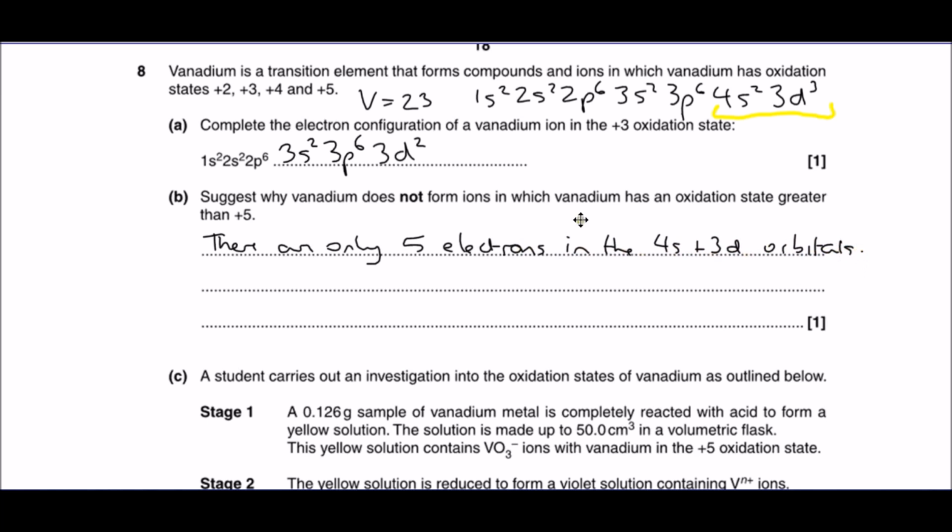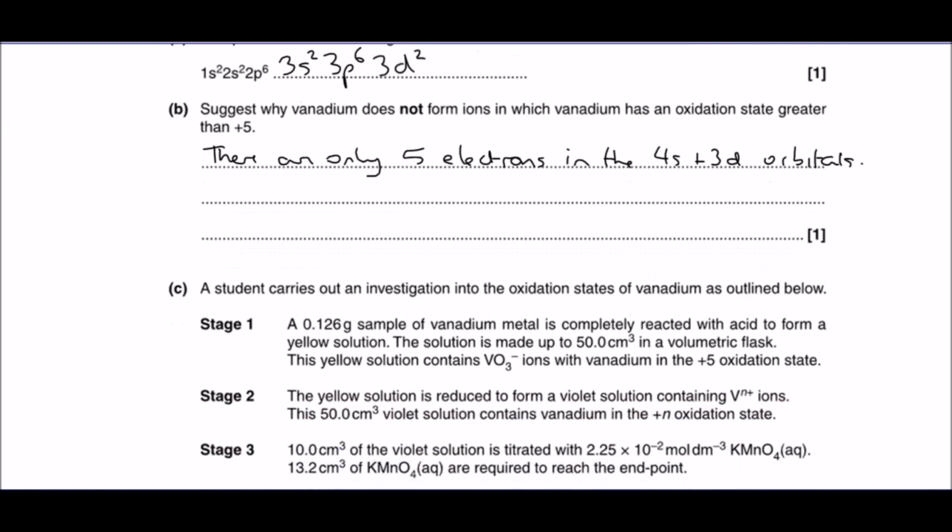Okay, so if you think about a transition metal, it's the 4s and the 3d that are going to be the ones that they lose when they're going through the various oxidation states, and for vanadium we've only got 5 electrons there available to do that, so it can't lose more than 5 electrons, essentially is what we're saying.